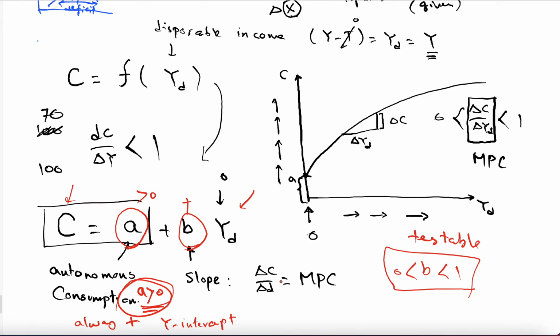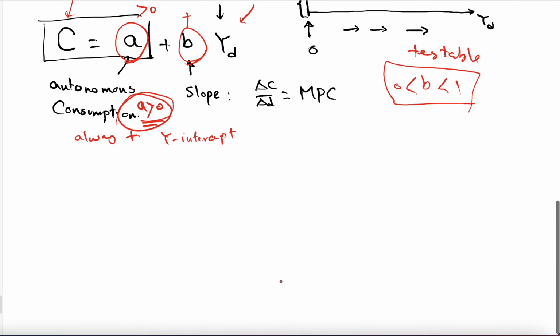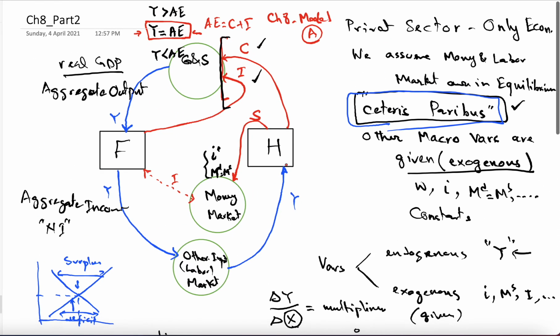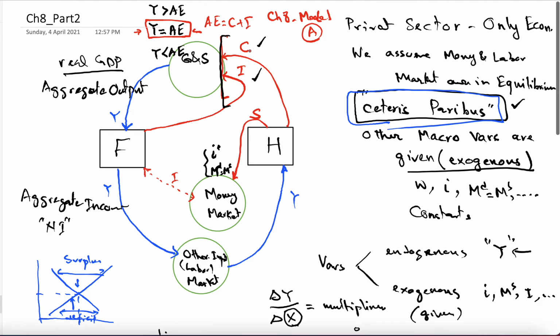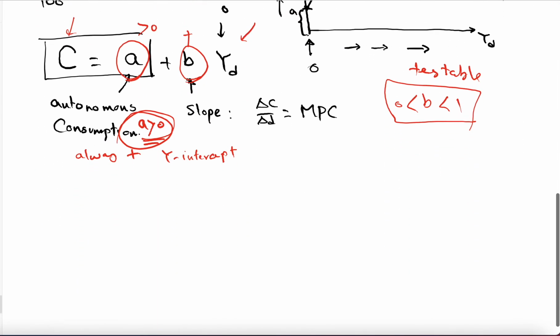The Keynesian consumption theory is the best way to explain how, in this model, consumption may change as income changes, and then it can determine the equilibrium in the economy.